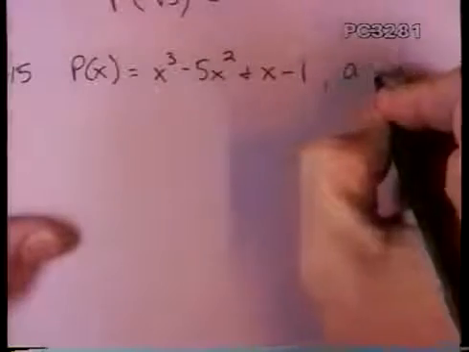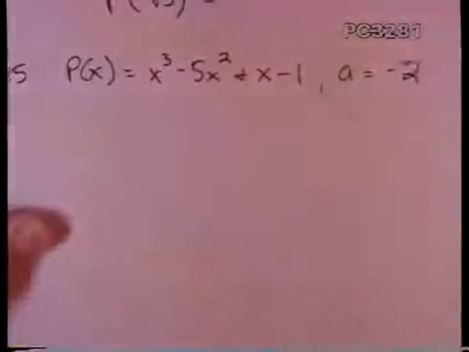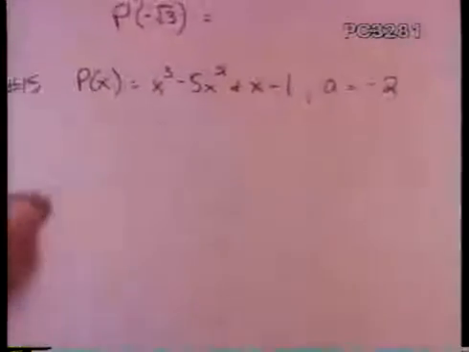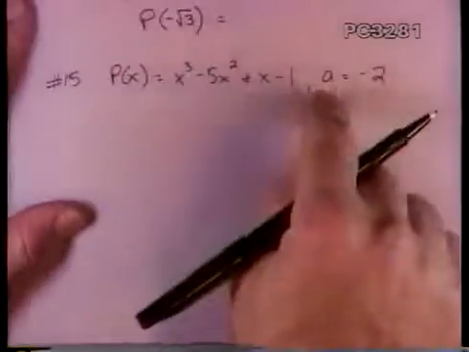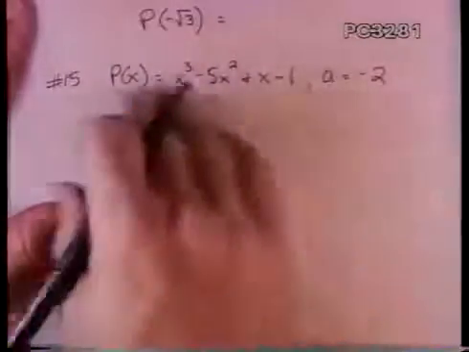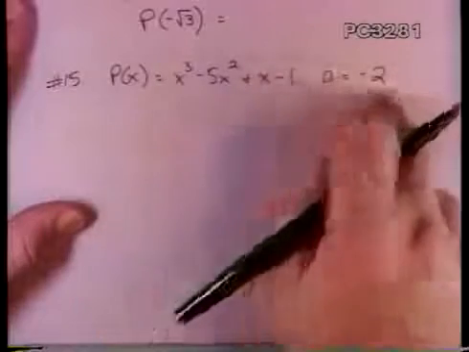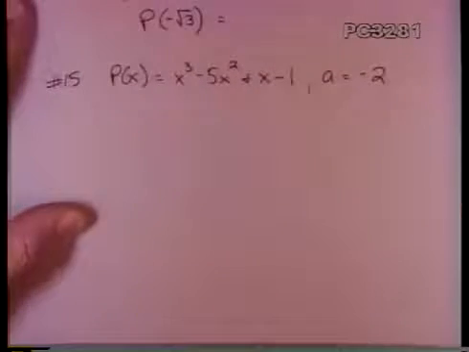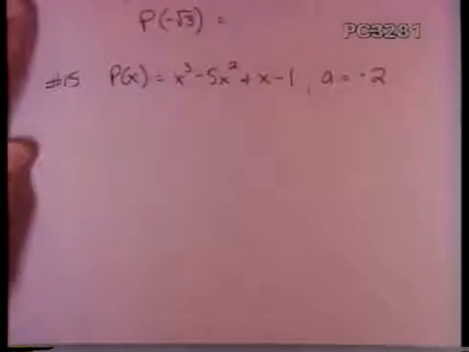And you are given a is equal to negative 2. Now, notice in number 15, they don't tell you what you're dividing by. They don't have it written as this divided by something. They tell you what a is equal to.